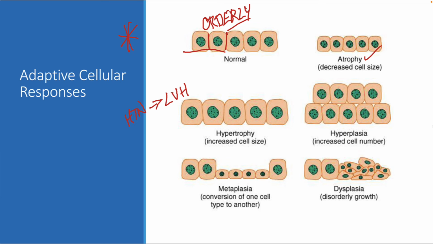There's also hyperplasia. And by the way, hypertrophy is just where the cells increase in size. In hyperplasia, the cells increase in number. So you have a hyperplastic condition where the cells pile on and grow excessively.